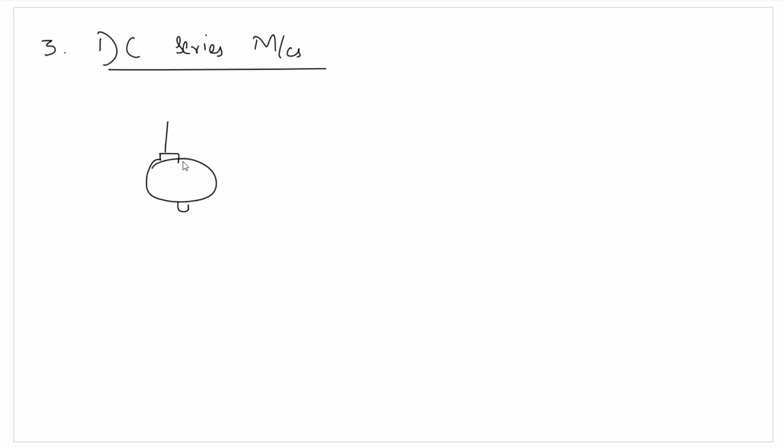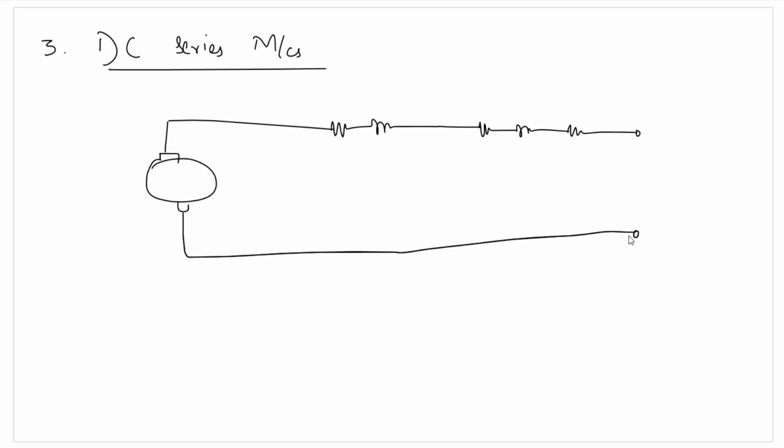The third type of DC machine we have is the DC series machine. In this case, the armature winding will be simply in series with the field windings. So this is the armature winding RA, LA.